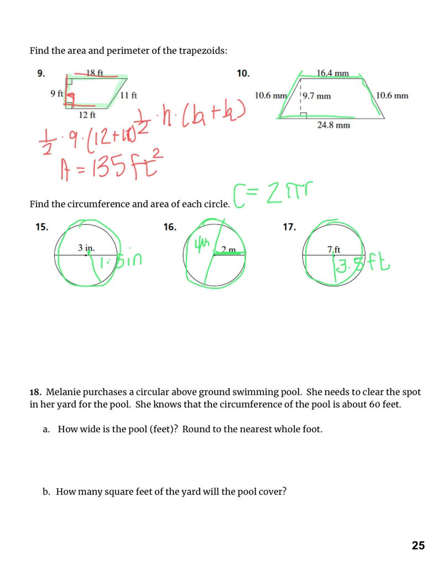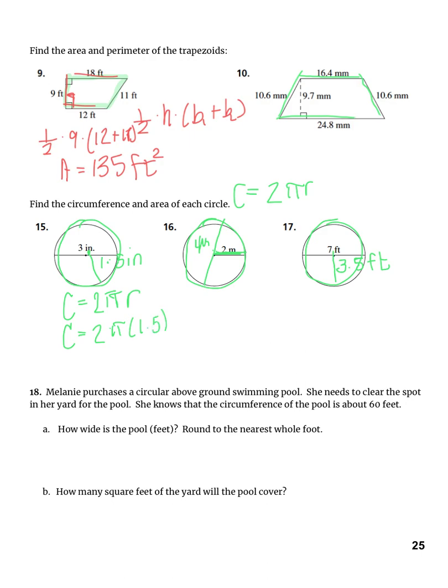So now that we have the radius for each one, we can use our formula to find the circumference. We're just going to multiply 2 times pi times the radius. So in number 15, I'm going to do 2 times pi times 1.5.